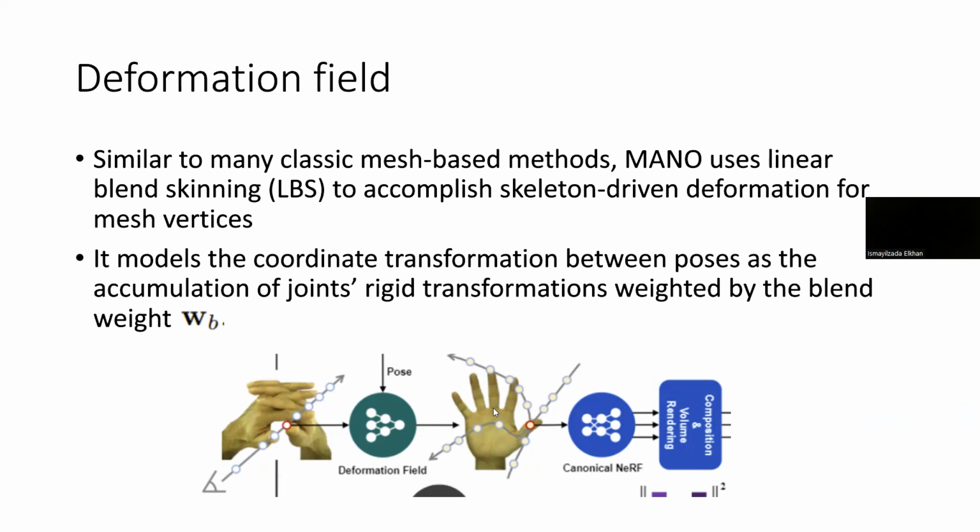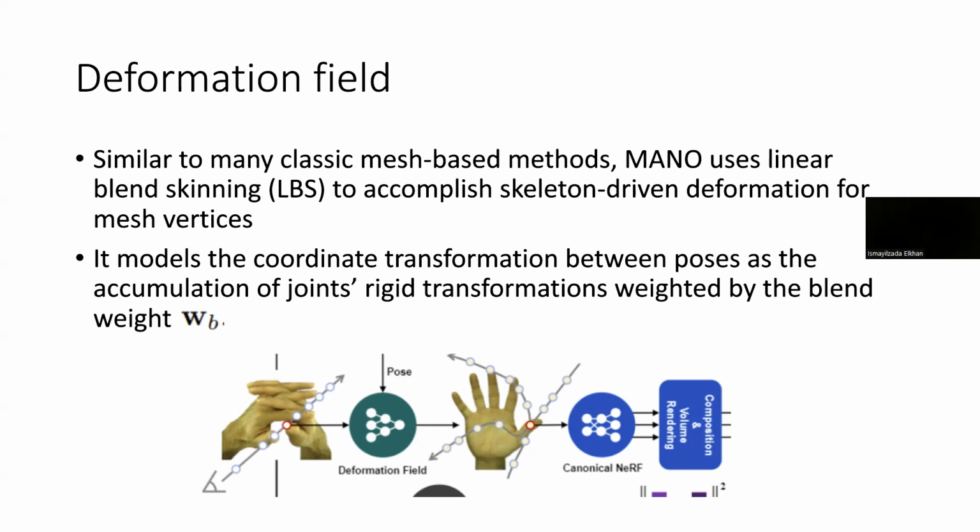But the authors tended to stress that the reason this blend skinning comes into play, and the reason we have this deformation field, is because, contrary to NeRF-based methods before, this is not about modeling a static scene. This is more about modeling a dynamic scene.